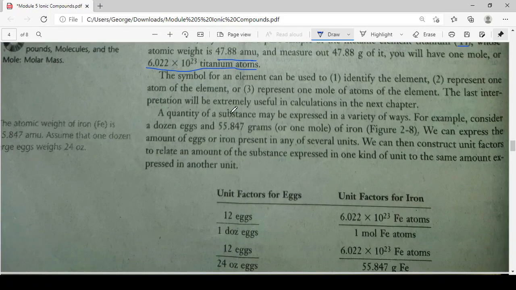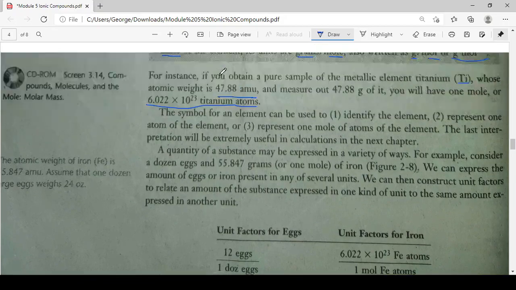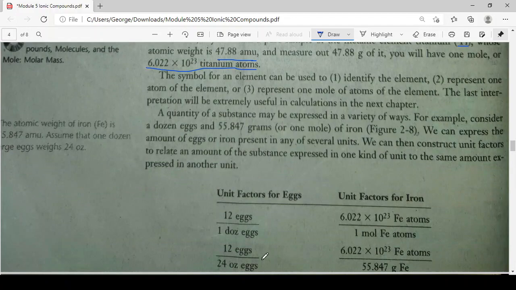The atomic weights will be provided to you in the periodic table of elements that I will give you. The symbol for an element can be used to identify the element, represent one atom of the element, or represent 1 mole of atoms of the element. The last interpretation will be extremely useful in calculations in the next chapter, so I will show you how to solve and how we use this.